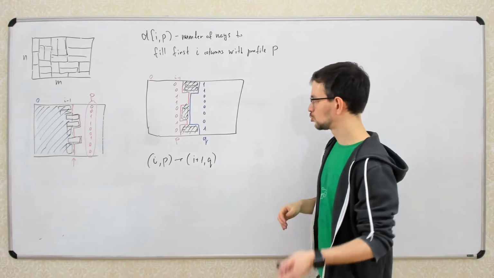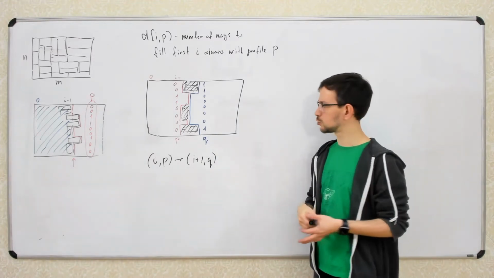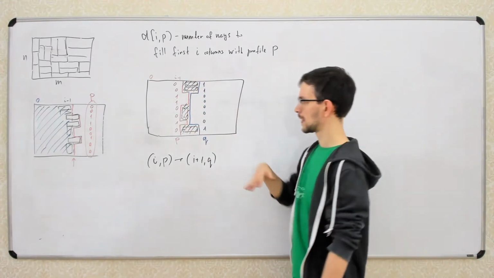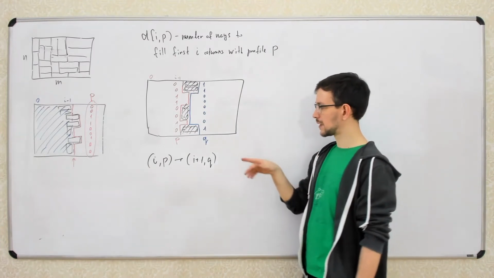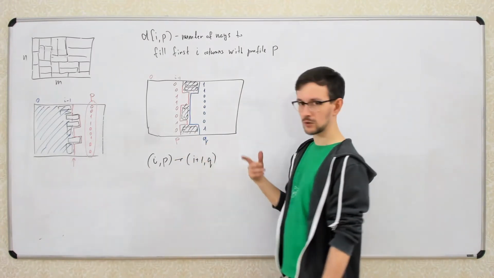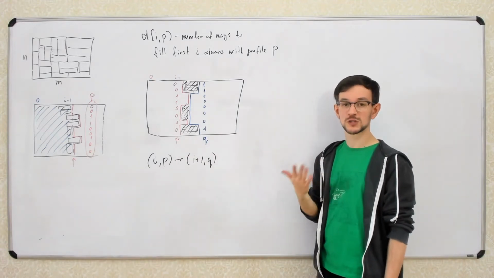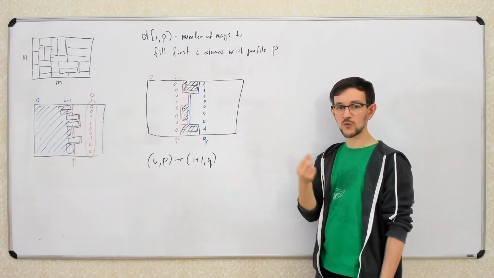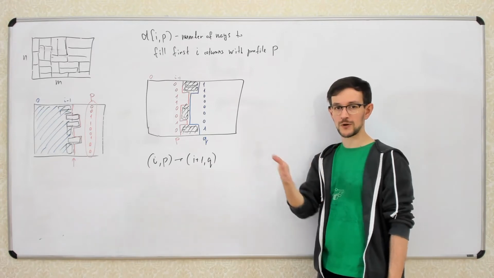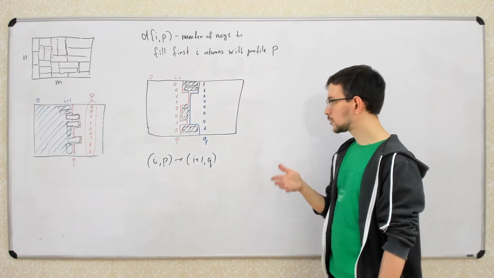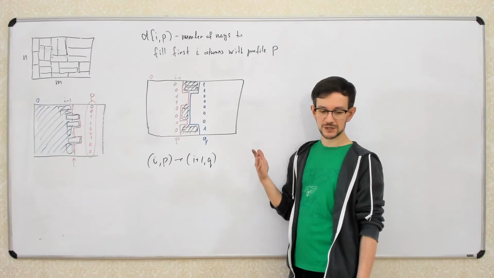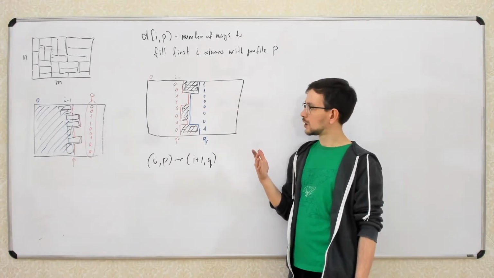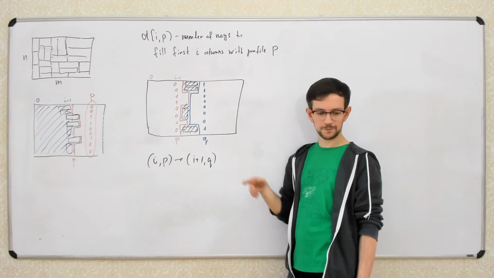And all you need to do is to check if it is possible to fill all this space with tiles 2 by 1. If it is possible, then you can go from profile P to profile Q. It's not always possible. For some pairs of profiles, it's not possible to go from one profile to another. But you can write a simple function that checks that it's possible to go from P to Q.